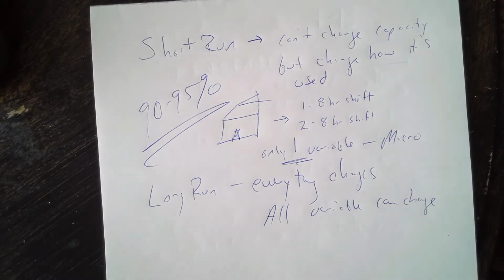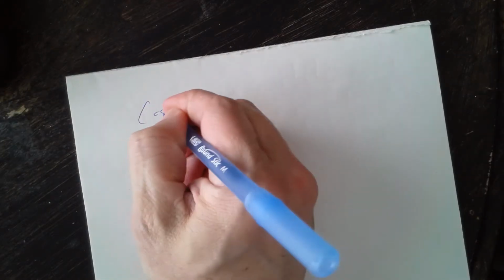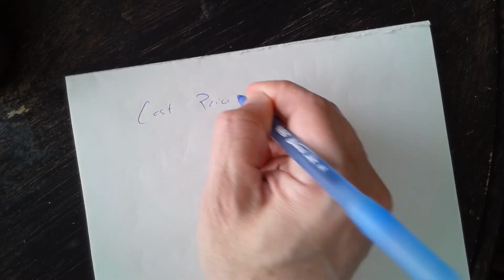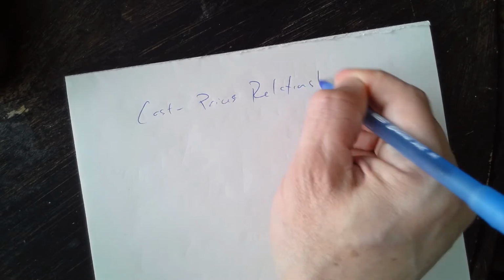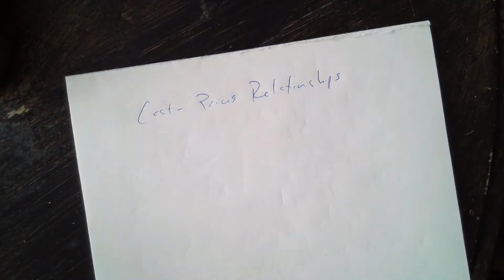Okay. So, to understand this, all right, we're going to start with 3 types of relationships of cost and prices. These are the relationships that we will focus on. All right.